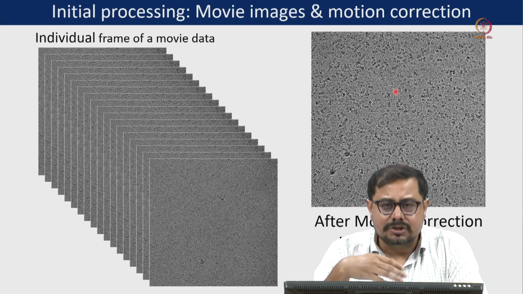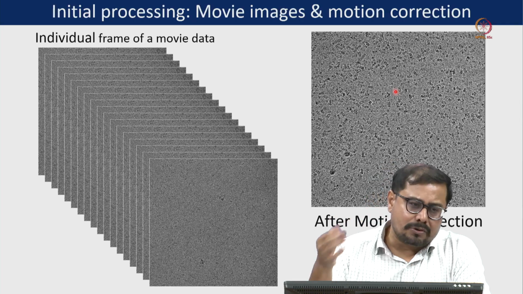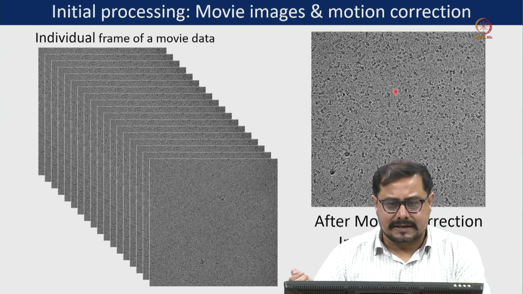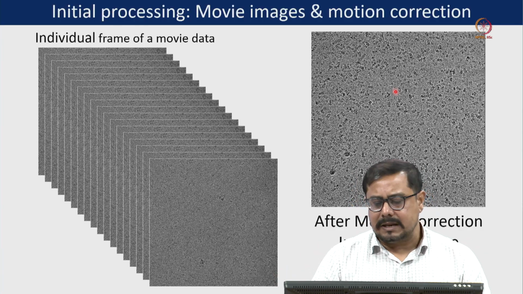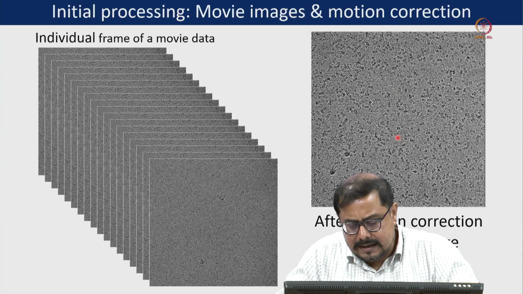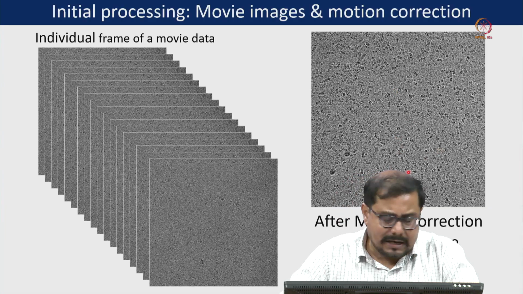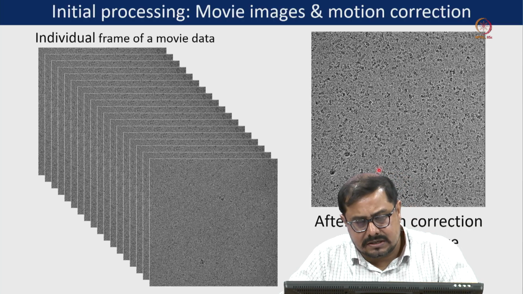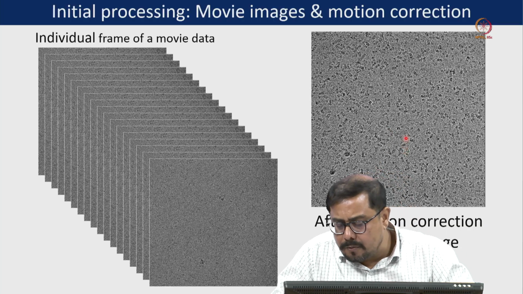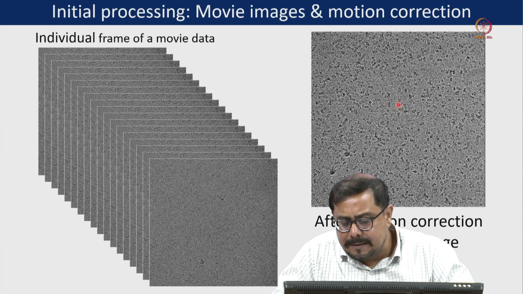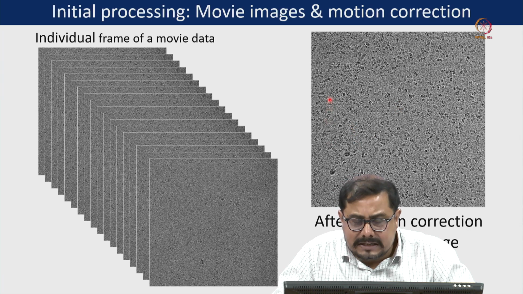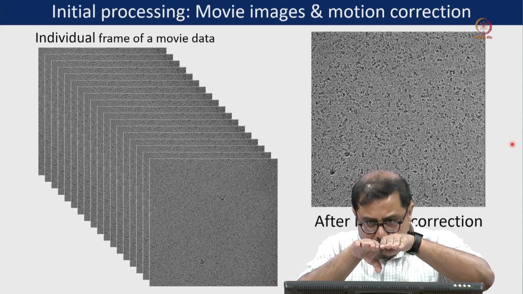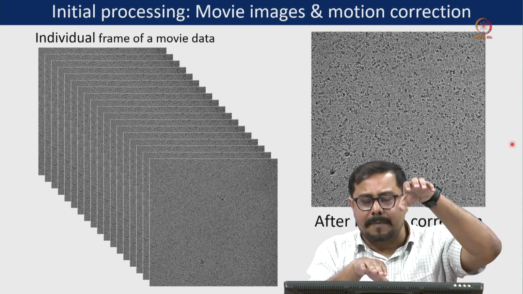How it is helping us to increase the contrast, we will discuss in the next class. But remember that we are using a little bit higher defocus. Whenever we increase the defocus, outside of that molecule you can see a white fringe. So for every protein molecule, there is a black protein molecule and outside there is a white fringe. That is basically helping us to distinguish the protein sample from the background.